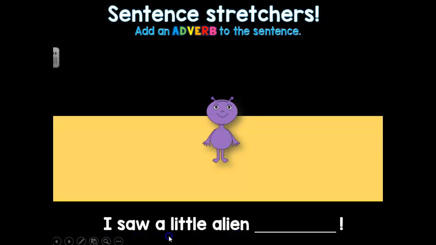You may say quickly. All right, I saw a little alien blank. All right, think about where. There. I saw a little alien there. That's right, location.